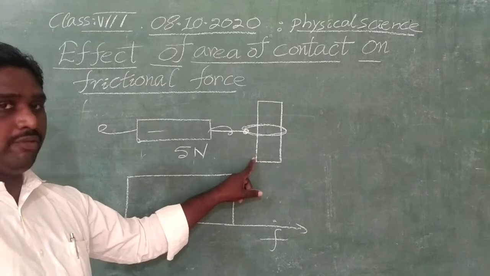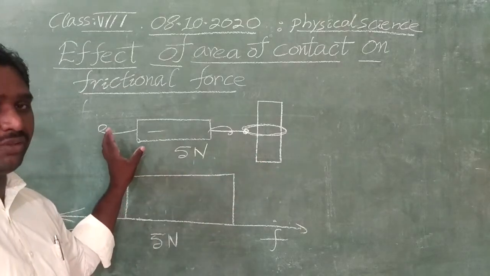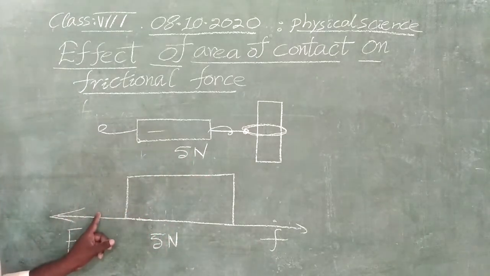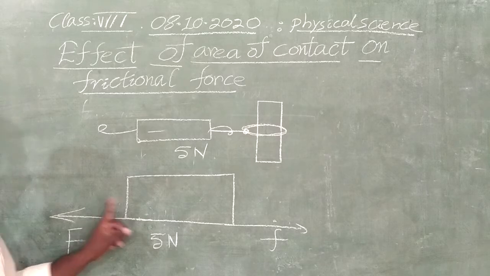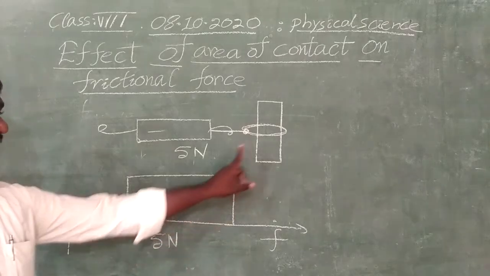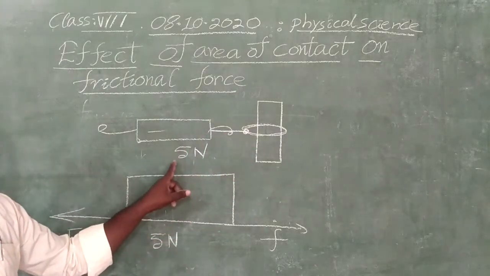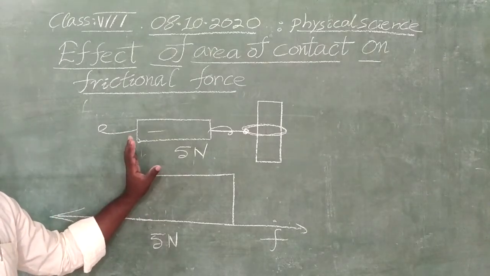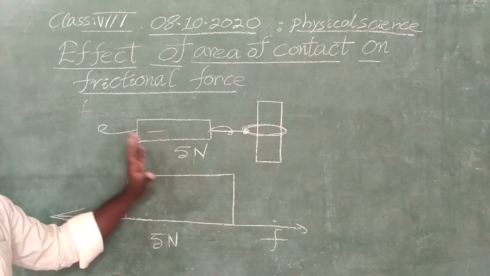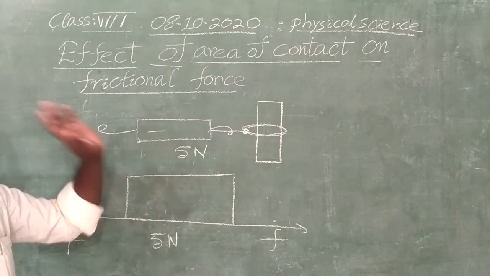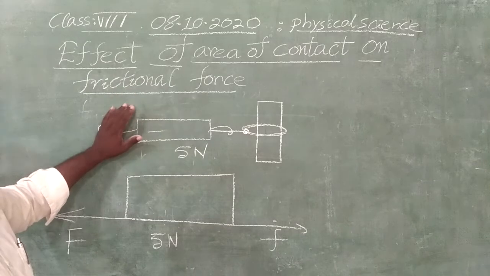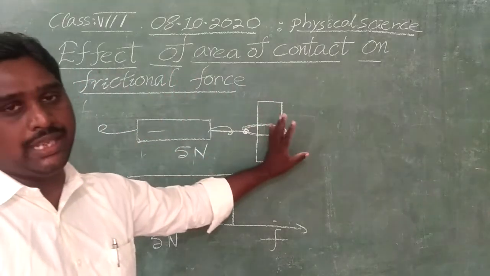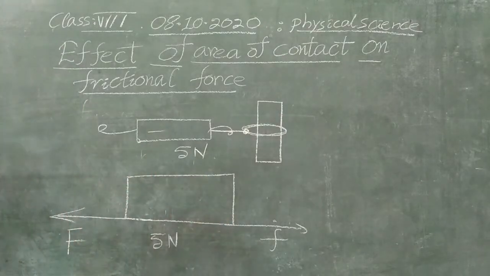Even so, the frictional force is 5 newtons in the horizontal direction and 5 newtons in the vertical position. In both situations, we measure the same frictional force, 5 newtons. Therefore, we can say that the frictional force does not depend on the contact area of the object.